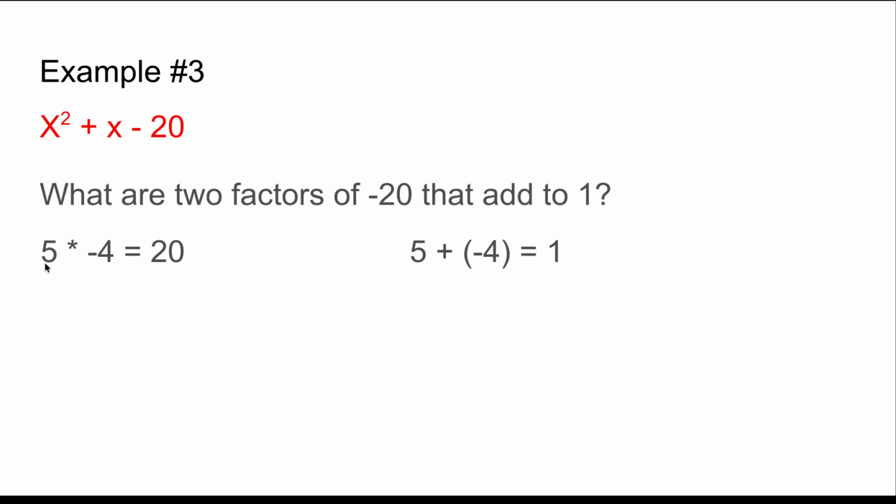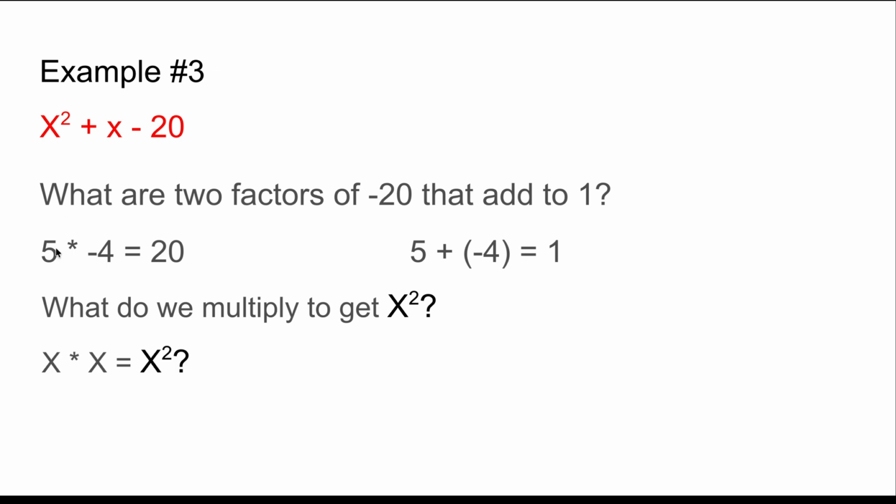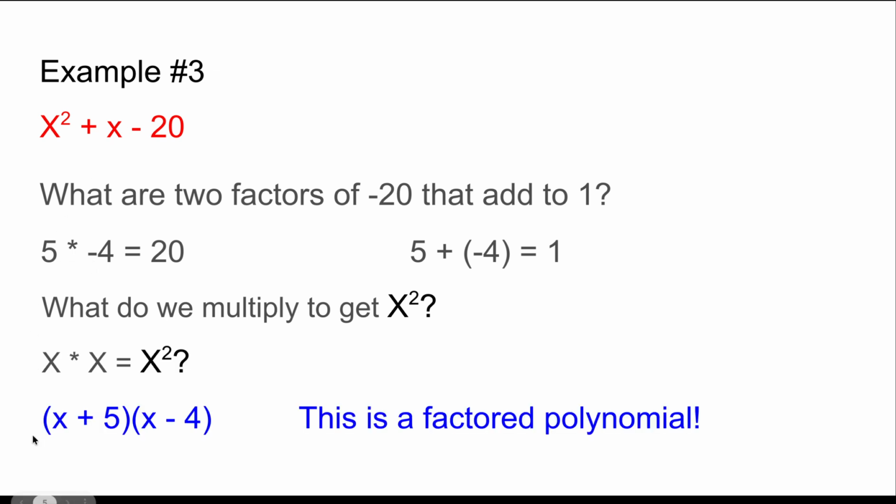Here we have a 5 being the greater positive number, and that's good because whenever we add 5 plus negative 4, we'll end up with a positive 1. And positive 1 needs to be this center term, this middle term. So we had 5 and negative 4, and our answer is x plus 5 times x minus 4.